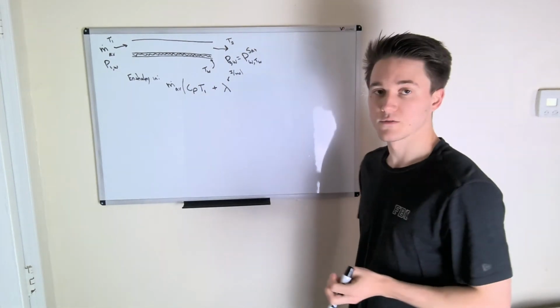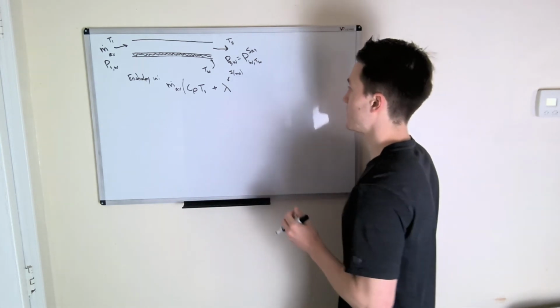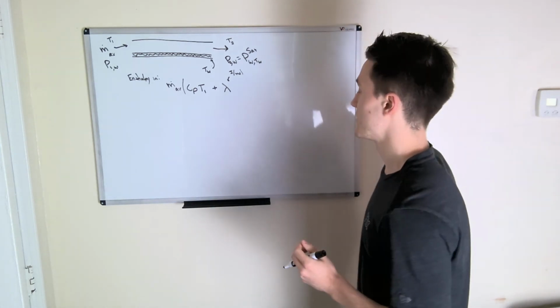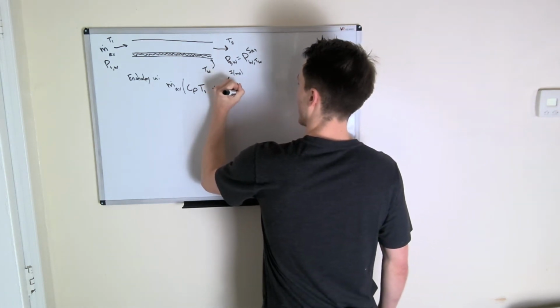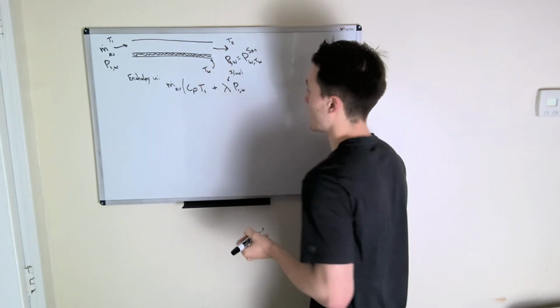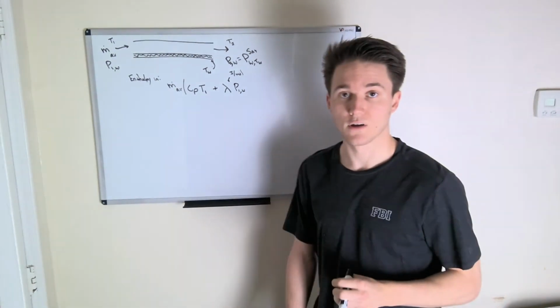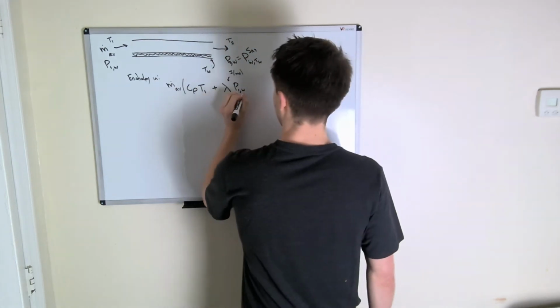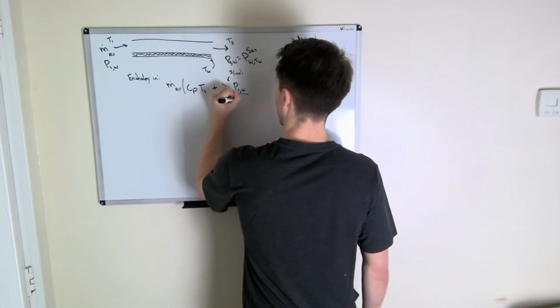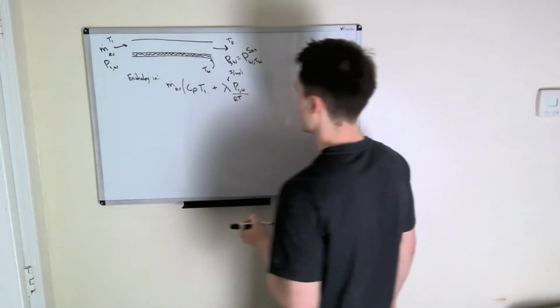And then next, we want to add the concentration. So that is going to be equal to our inlet partial pressure of water vapor in air over RT.